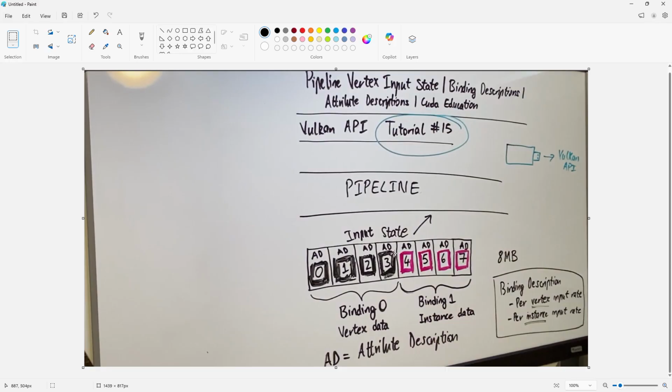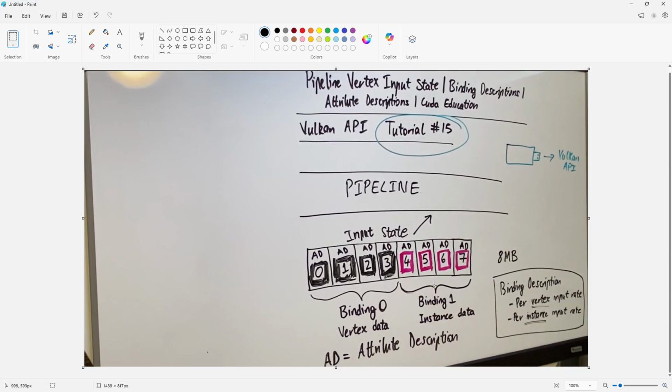And then for like megabyte 5 and 6, over here, the attribute description, the data looks pink. Okay. So attribute description is just dealing with the actual byte of data itself. It's a granular thing. Okay. Binding description now is more high level. It's sectioning off data into vertex data and instance data.